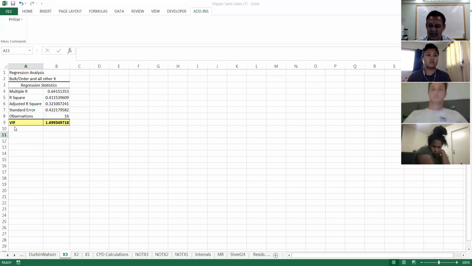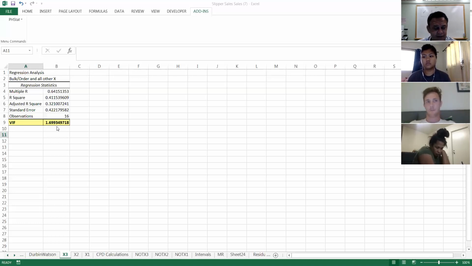Anything under 5, we're good. At 10, we've got some problems. So we're good. There's no multicollinearity is what it tells us. For the next one, 1.3, no multicollinearity. That one, no multicollinearity. Okay?